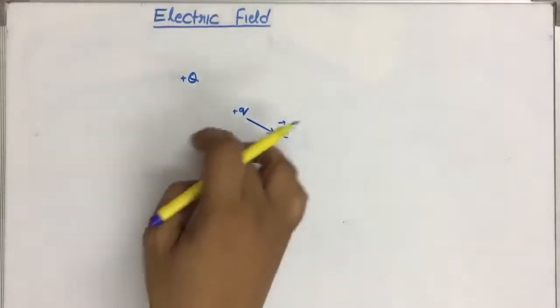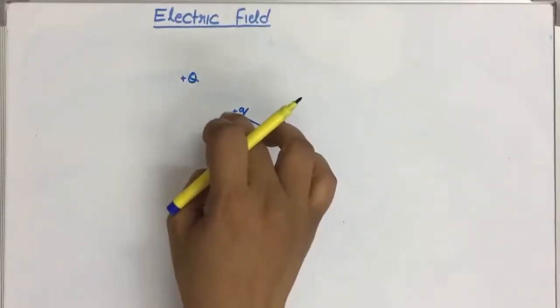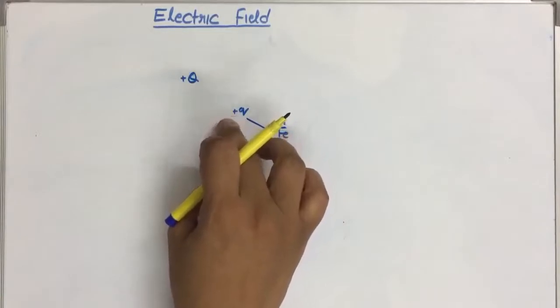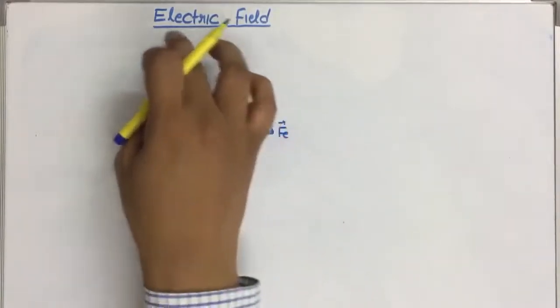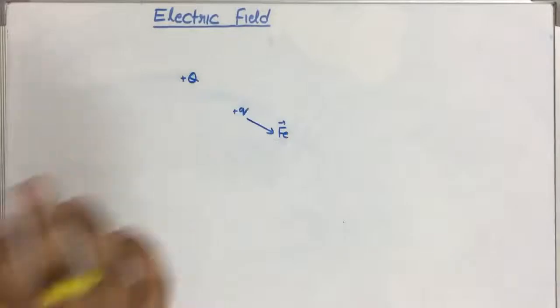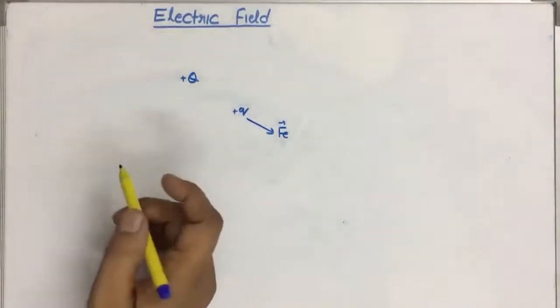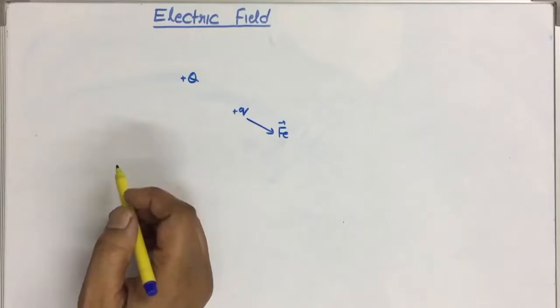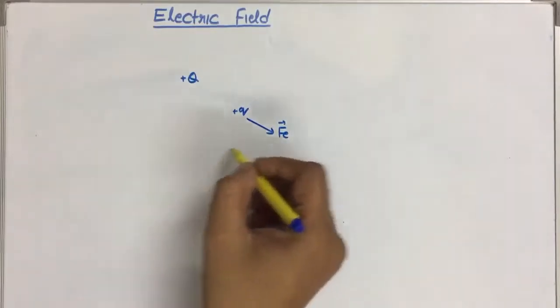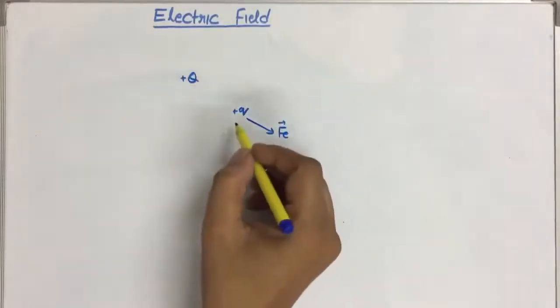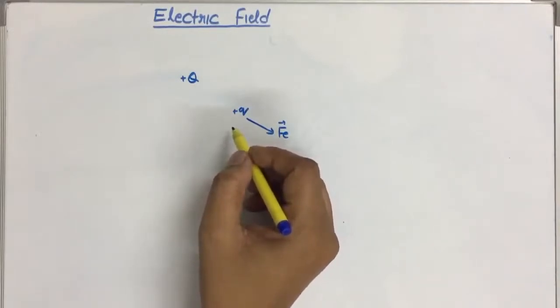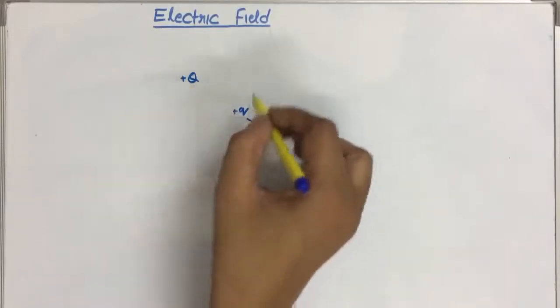So the region in which another charge can get forced is called electric field. Now in this study we will quantify this region where another charge gets forced and how much force will be experienced on it in its neighborhood.